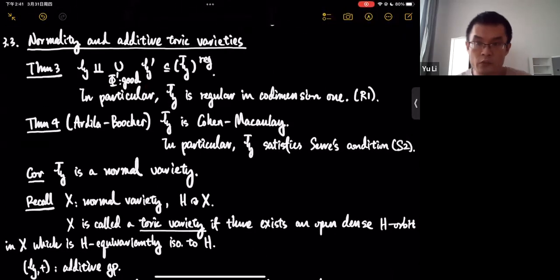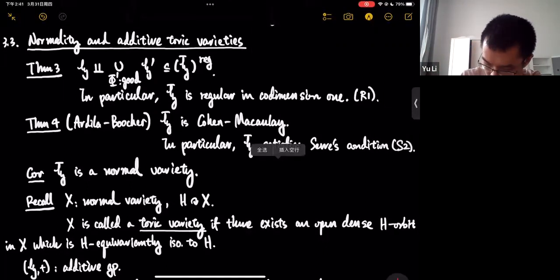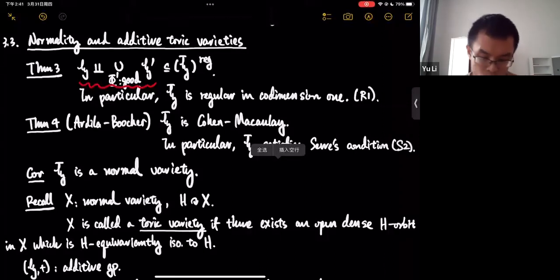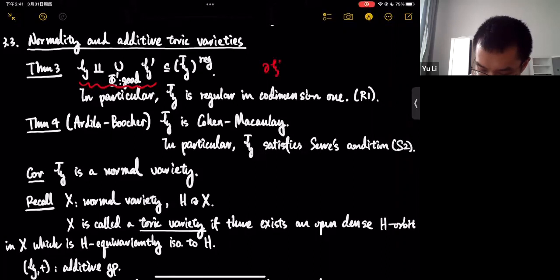So what are the consequences? The boundary of H has dimension at least 1 less. They actually have dimension 1 less, but it's easy to verify that they have dimension at least 1 less than the dimension of H. But now for this open set, we are removing the boundary of each of the H primes.